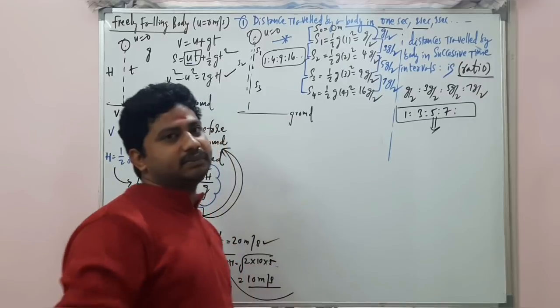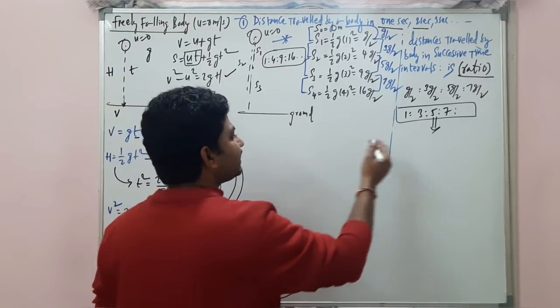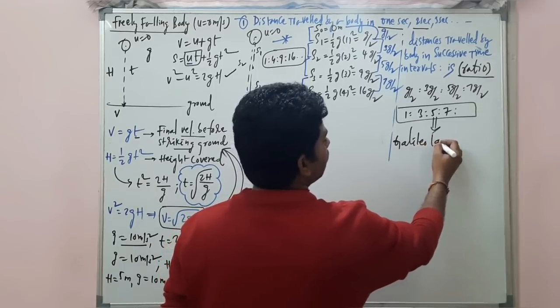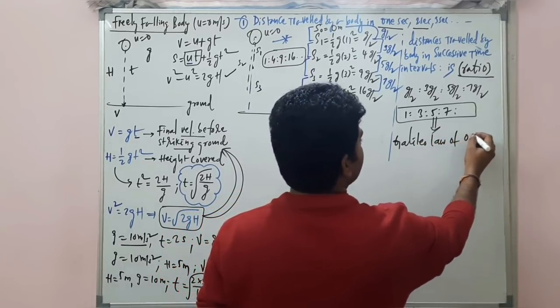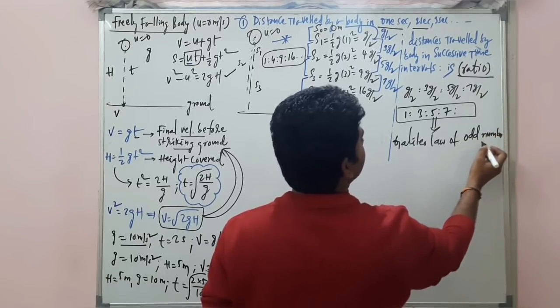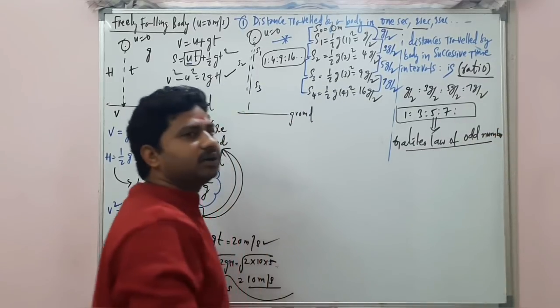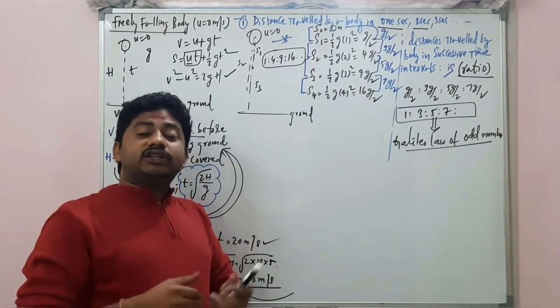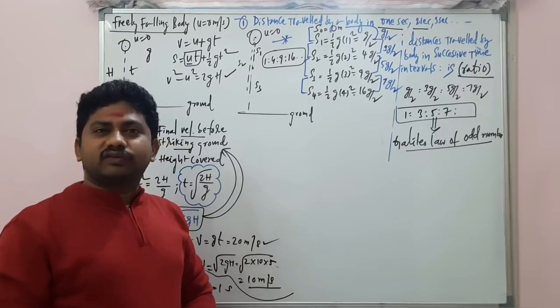There is a name for these numbers, right? This is the Galileo law of odd numbers. Which numbers and which ratios do we call Galileo's law of odd numbers?